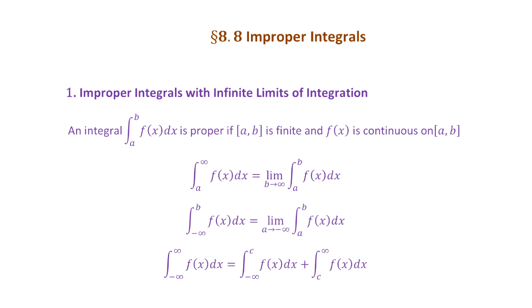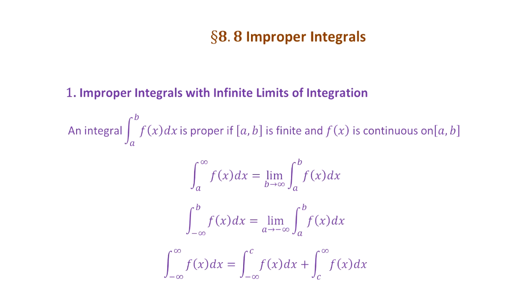That means you try to find the area under the curve. Remember, the definite integral is the area under the curve. So you're trying to find the area under the curve where the base of the area is finite. And also f(x) is continuous on the closed interval from a to b.